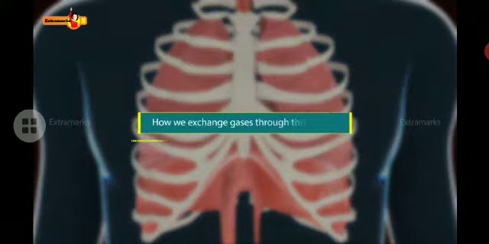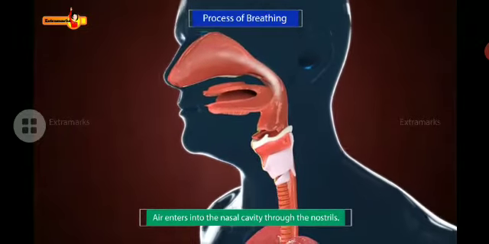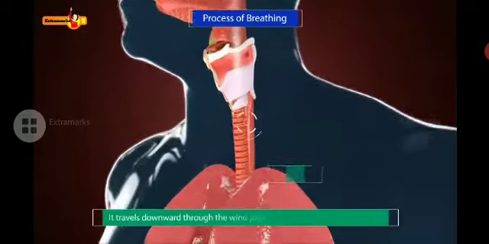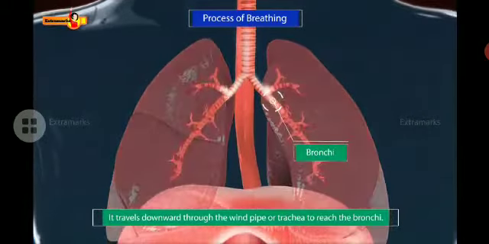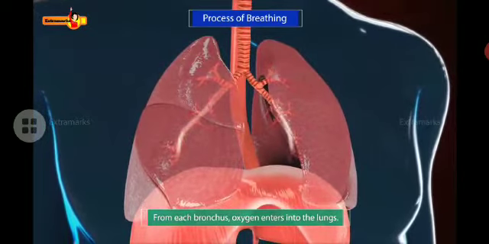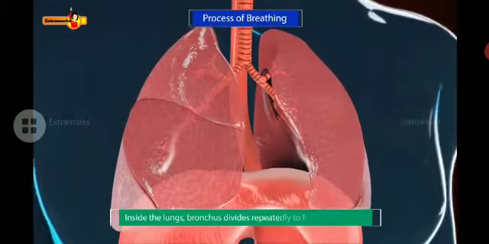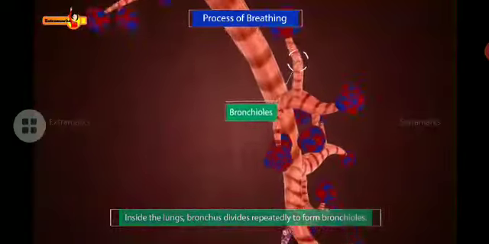Let us know how we exchange gases through this system. Air enters into the nasal cavity through the nostrils and travels downward through the windpipe or trachea to reach the bronchi. From each bronchus, oxygen enters into the lungs. Inside the lungs, bronchus divides repeatedly to form bronchioles.